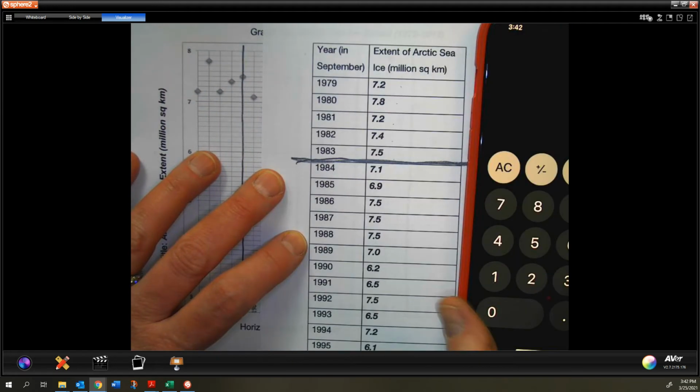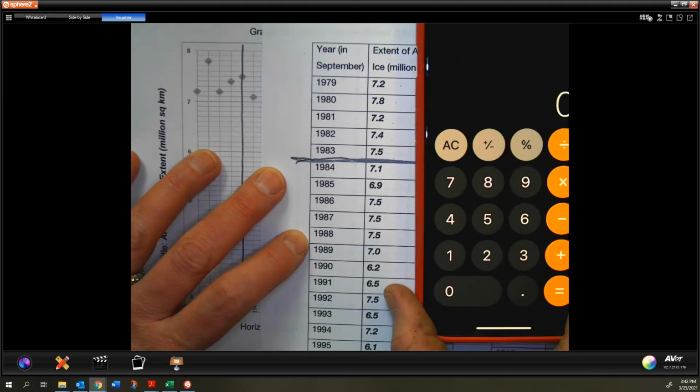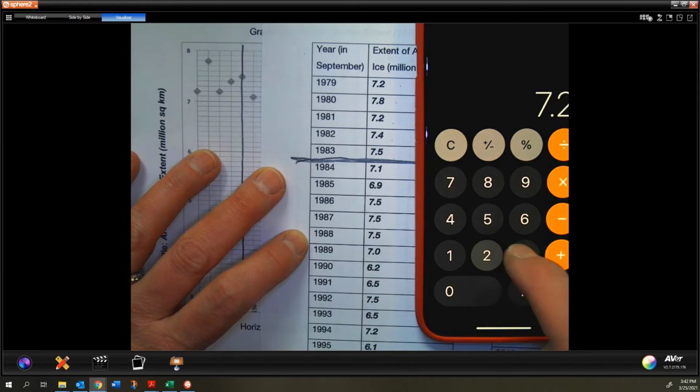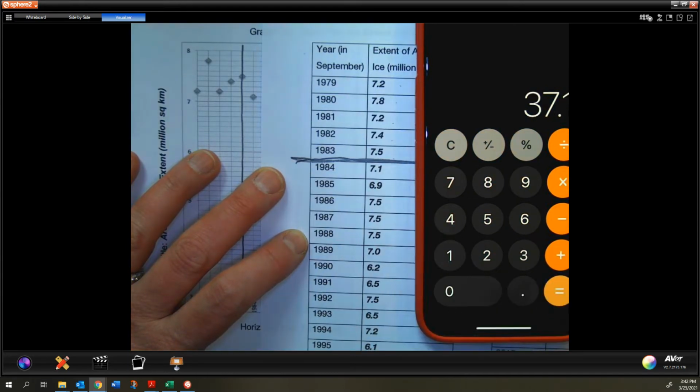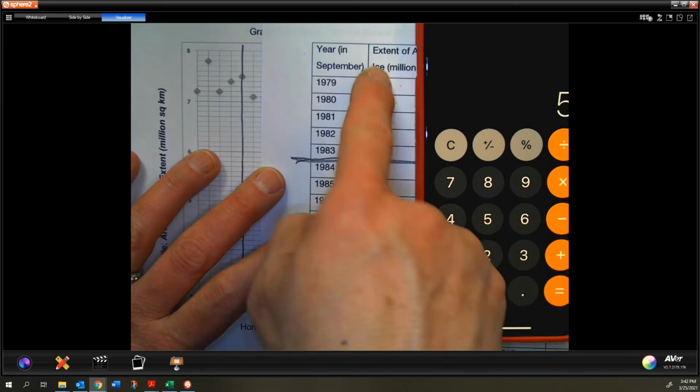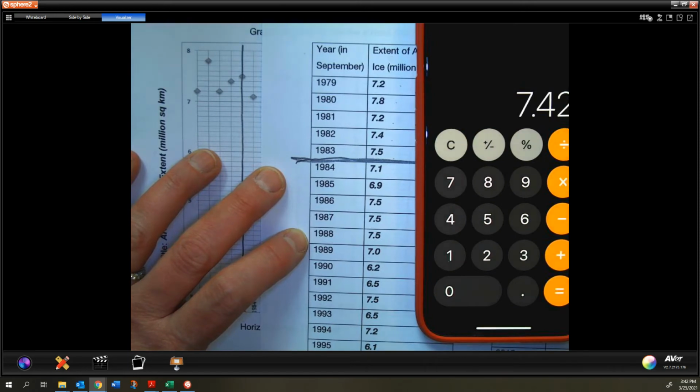And so that is 7.2 plus 7.8 plus 7.2 plus 7.4 plus 7.5. Super, super important after you add them all up, hit equals before you do divided by 5, because we had 5 numbers that we added together. So the average was 7.42.